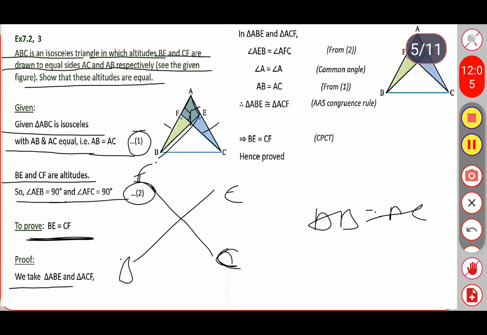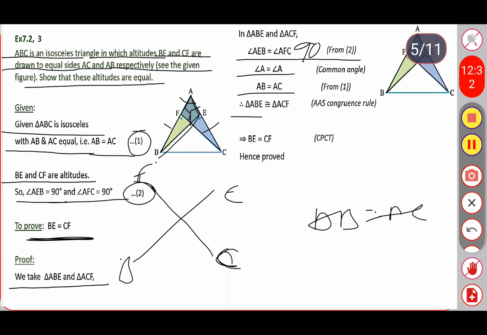Consider the triangles ABE and ACF. In that triangle, angle AEB and angle AFC, each angle is 90 degrees, right? Angle A is equal to angle A. This is the common angle for both triangles. AB is equal to AC, the two equal sides of the isosceles triangle ABC.